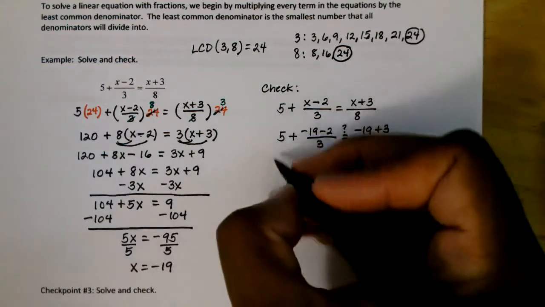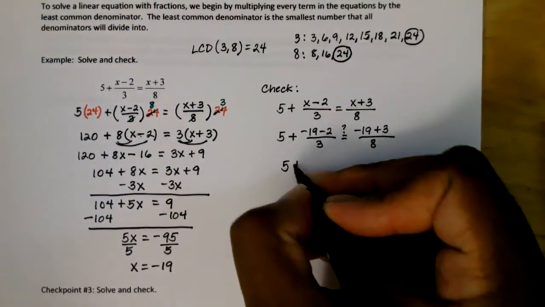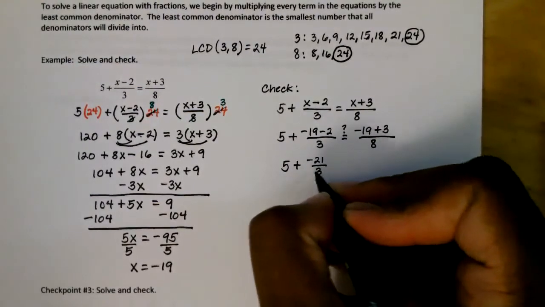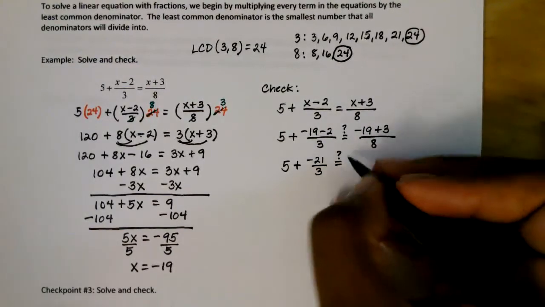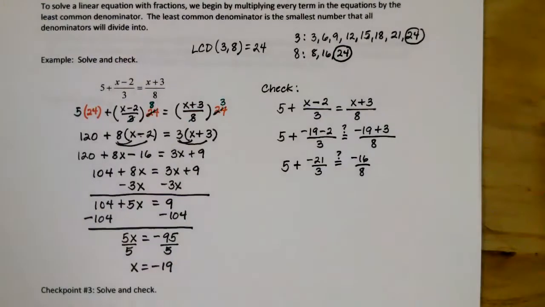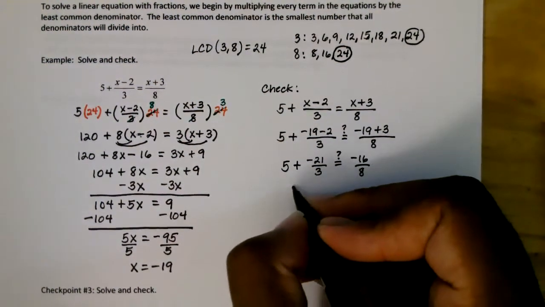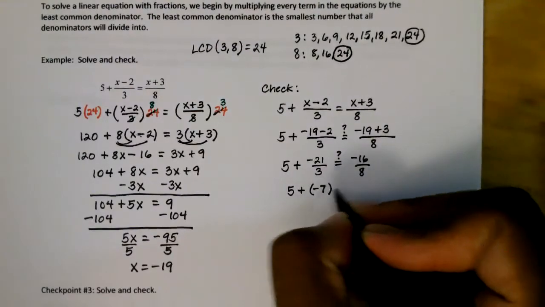Let's see. Bring down this 5. Negative 19 minus 2, that's like negative 19 plus negative 2. That's going to be negative 21 over 3. I want to know if that's equal to negative 19 plus 3, which will be negative 16 over 8. And now I'm going to simplify. I know negative 21 divided by 3 is a negative 7. So this is 5 plus negative 7.